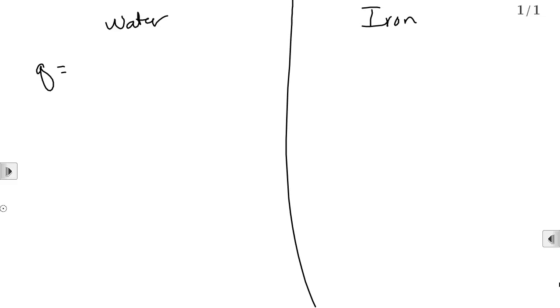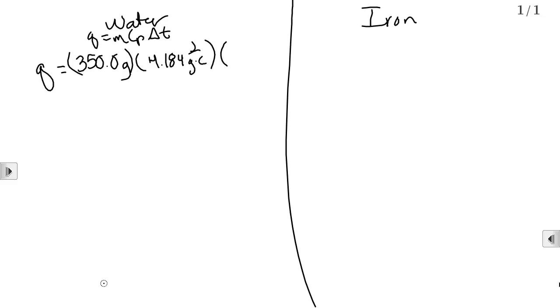The mass of the water, how many milliliters of water is that, y'all? So that's grams, right? So Q equals the mass. The specific heat capacity of water is 4.184 joules over grams times degrees Celsius. And then the temperature change of the water.